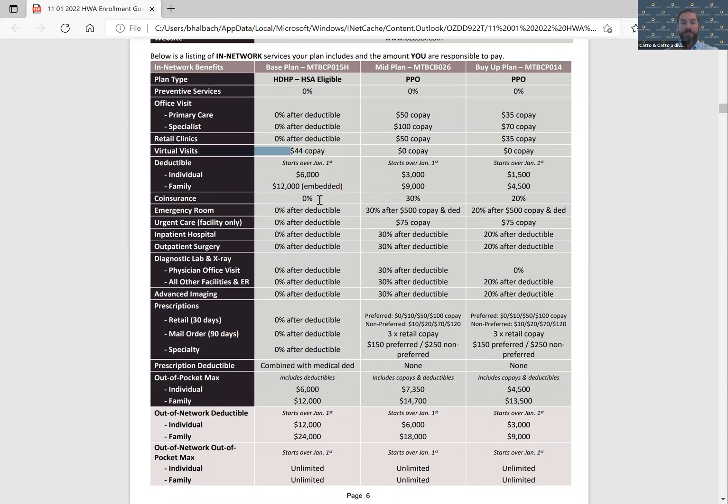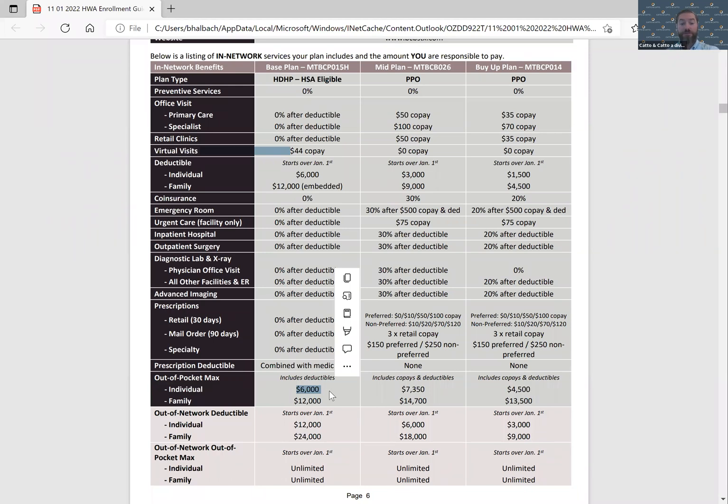Now, after the deductible, you have this part. This is the most confusing part: coinsurance. Coinsurance kicks in after the deductible. It is a sharing of cost between you and the insurance company after the deductible until you meet your out-of-pocket max. So this is actually the first number that I look at in an insurance policy.